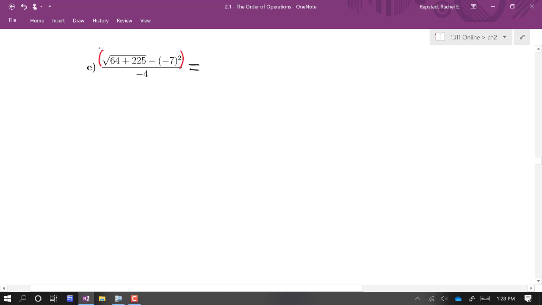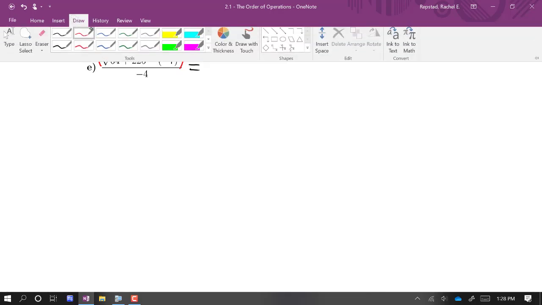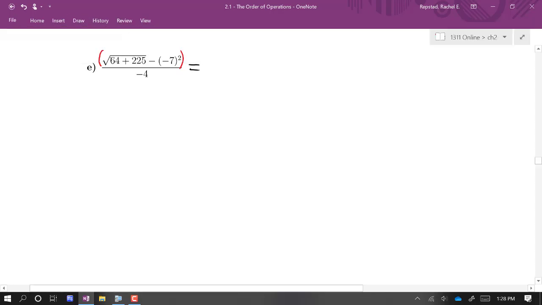This whole thing is a fraction, so I can't really do the division that a fraction would tell me to do without figuring out what's in the top. So there's sort of an implied set of grouping symbols there. Also, because this square root bar extends over that sum, there's also a set of grouping symbols around that sum.